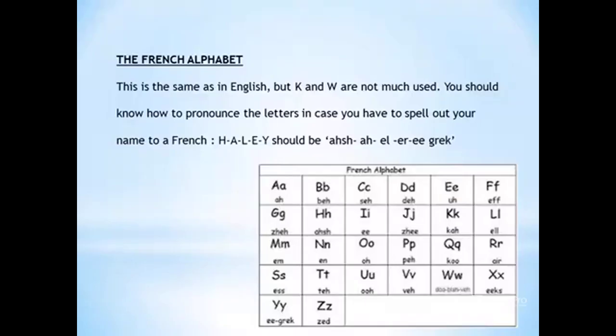Like the first one is K and W, which is not used as much, but still it persists in French alphabets. And one more thing, the letter H. H is pronounced and heard differently, and therefore we write it differently if we have to write it in English. So let's go and understand the language.